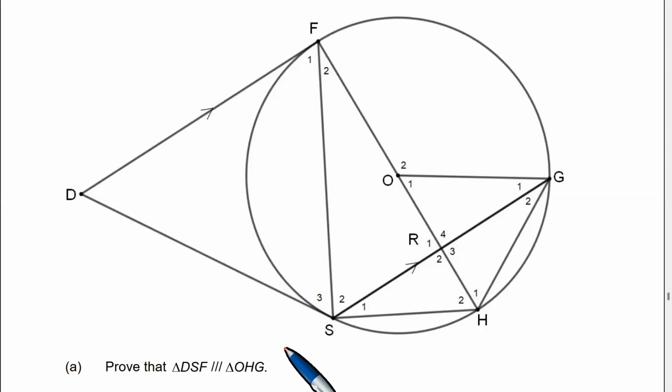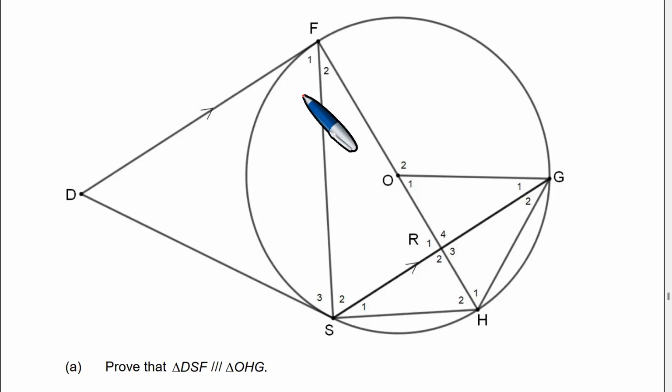Let's start. I know it's very easy, but I was saying hunt for angles because there must be three angles. One angle in DSF that is equal to another angle in OHG. First things first. What do we prove here?